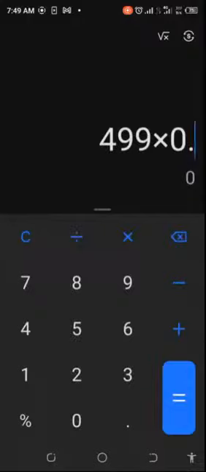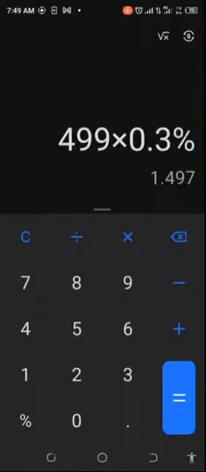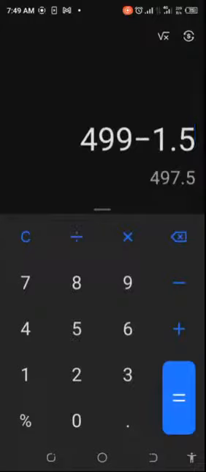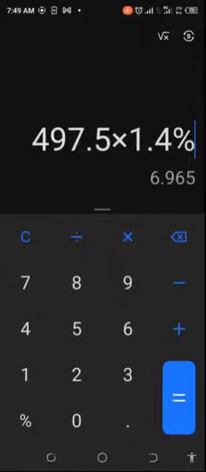So if I multiply that by 0.3%, I will be charged like $1.5. I'm just doing this so that you'll see what you will get if you're using a bigger capital. So what is left is $497.5. Let's multiply by 1.4%. We'll make about $7 on a $500 capital.